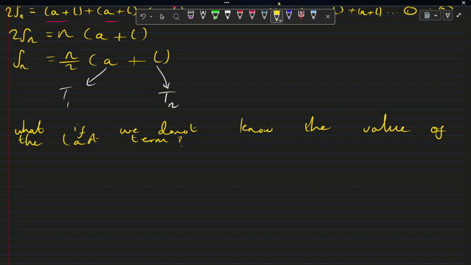So we have to recall that Tn, which is our last term, has a formula, and we established that formula when we were working with arithmetic sequences. We said that Tn is equal to a plus (n minus 1) multiplied by d.